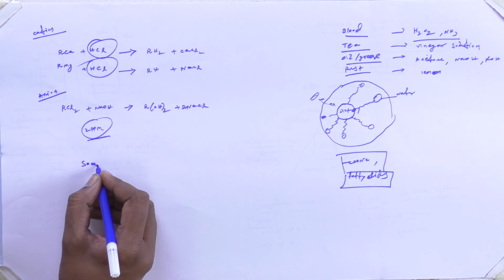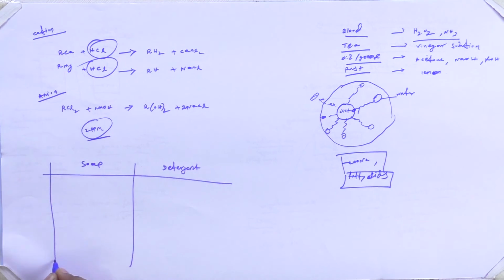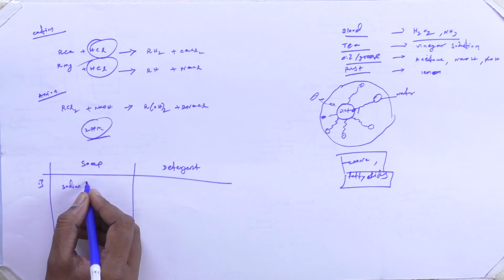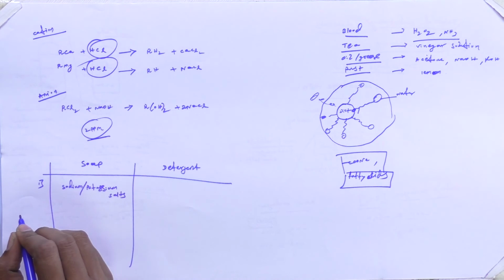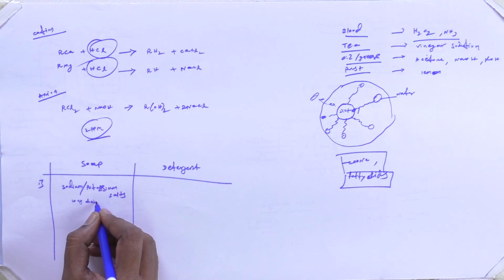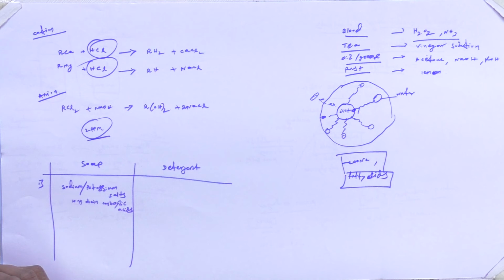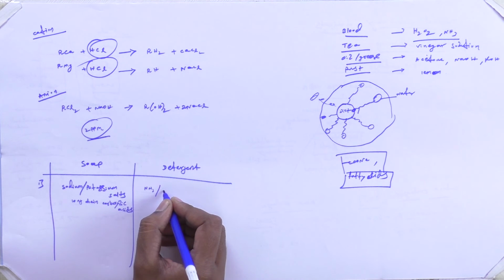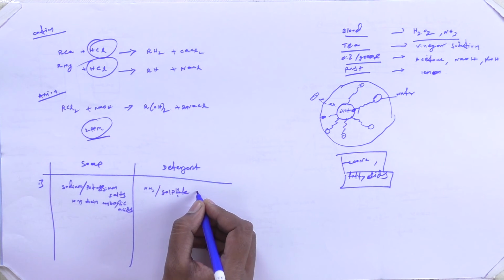Soap and detergent. The first point: soap is made up of sodium or potassium salts of long chain carboxylic acid, and the detergent is made up of ammonium or sulfonated salts.